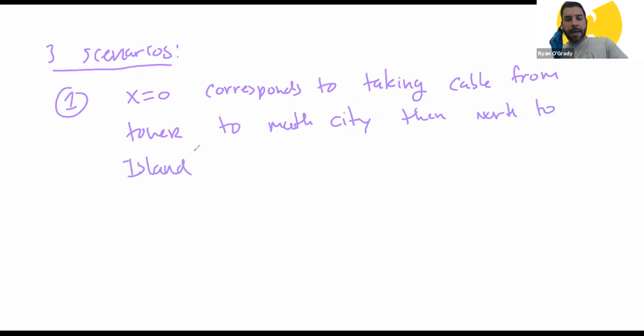So let's look at a schematic of that. The schematic of that would be all the way over and then up.